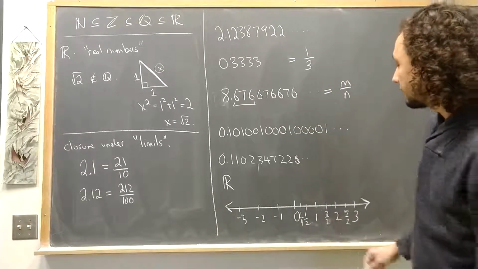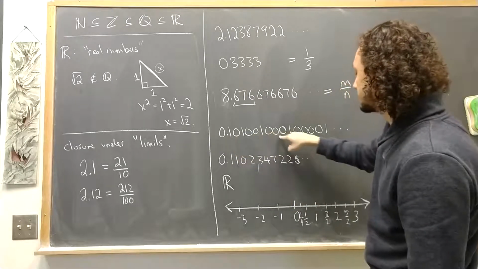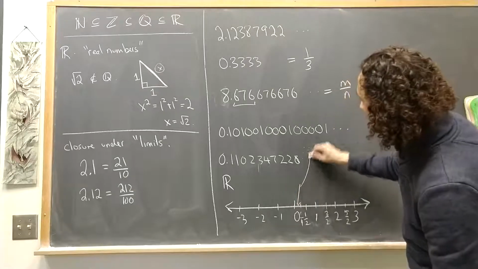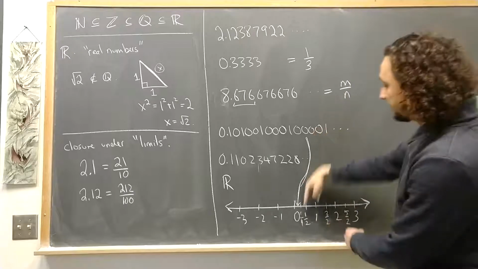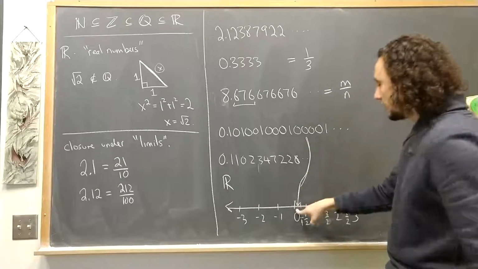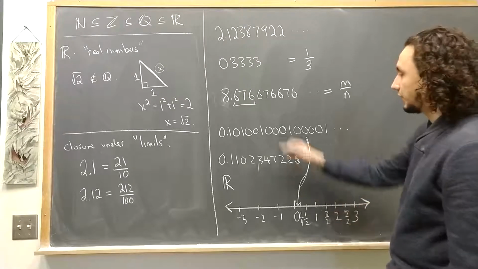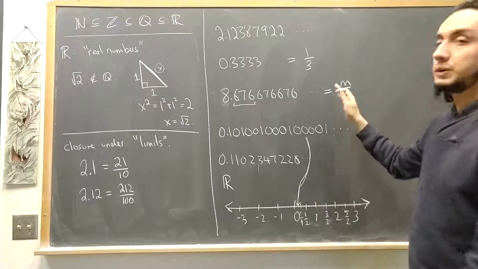And then I expand still further, and I add a number like 0.101001000, which is, I guess, somewhere over here. And the idea is that it fits into the number line, into an empty slot in between the fractions. And all of these decimal expansions fit into this line. And that's what the real numbers are.